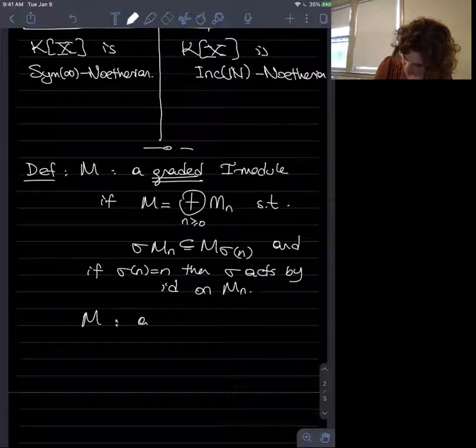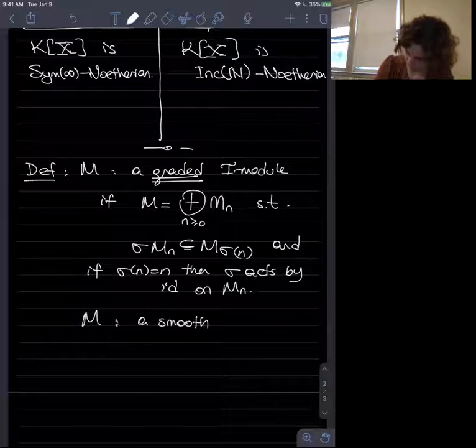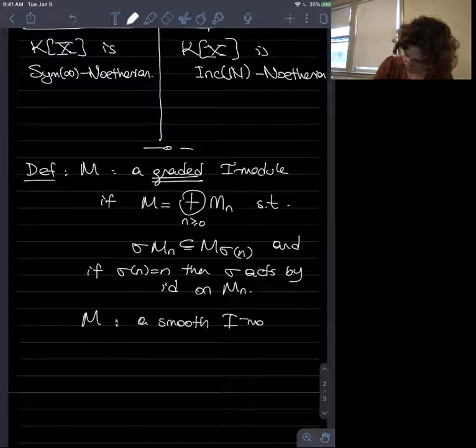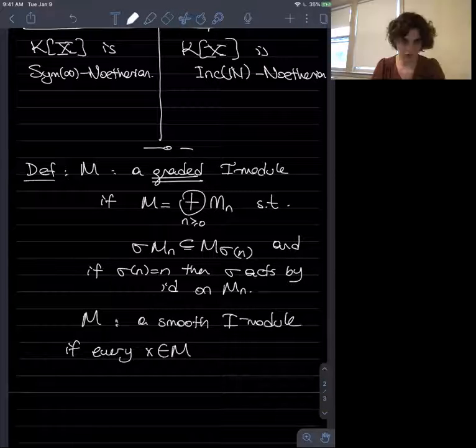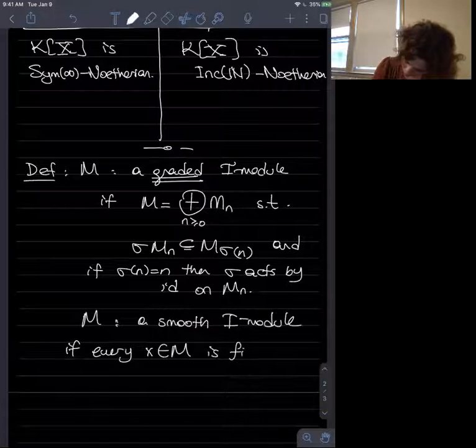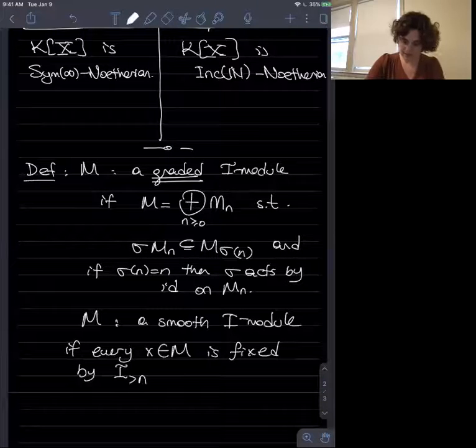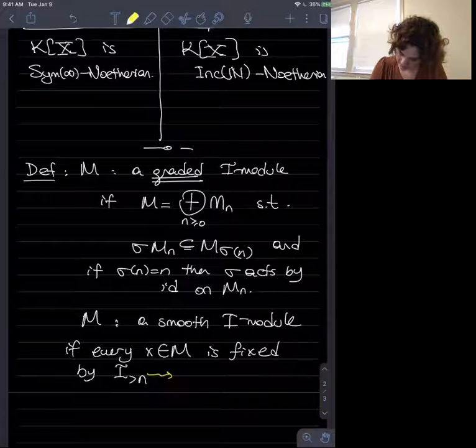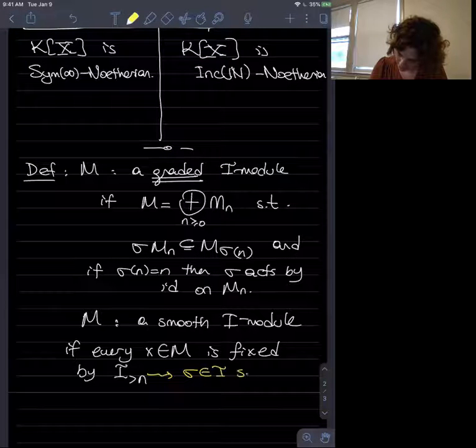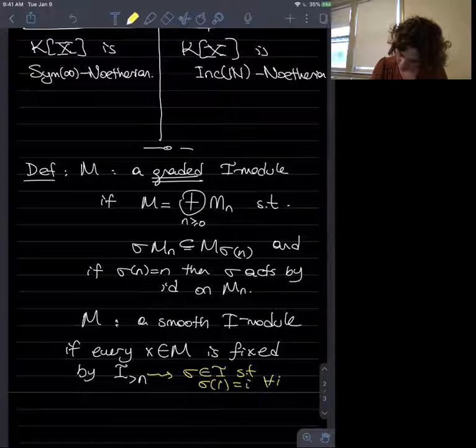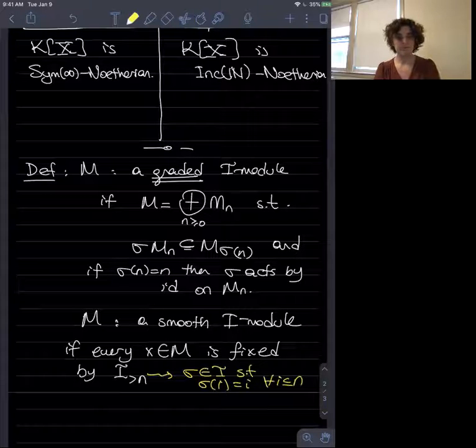This is a smooth Inc module if every element in the module is fixed by this submonoid, which fixes everything up to n.